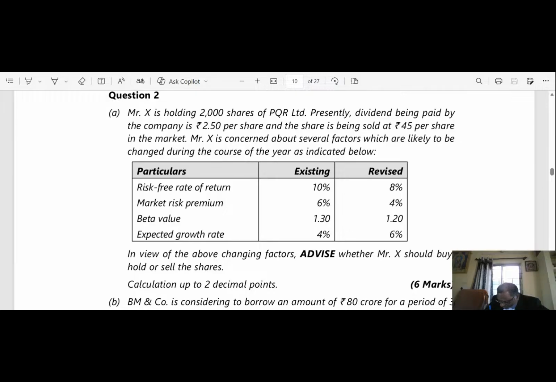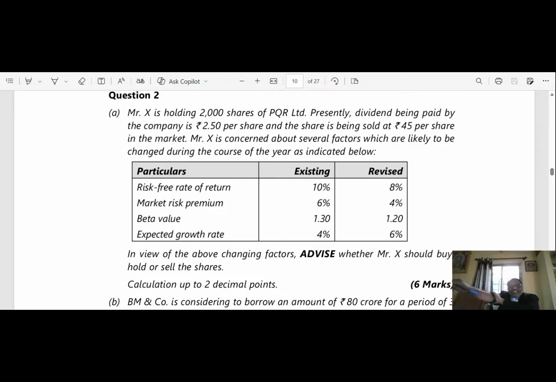Here RF is 8 percentage plus beta is 1.20 and RM minus RF is 4 percentage. Then 1.2 into 4 is equal to 4.8, plus 8, 12.8 percentage. So cost of equity in existing is 17.8, revised is 12.8.